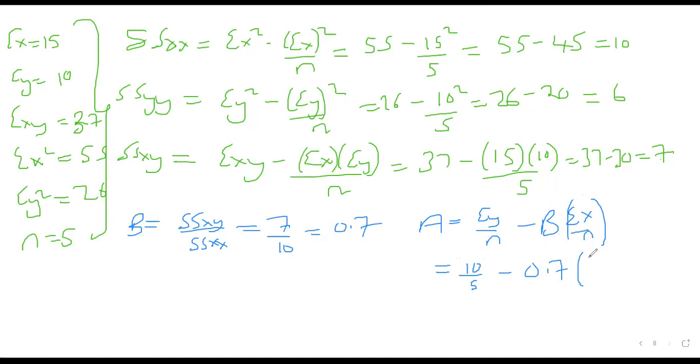If that one is wrong, it also makes your A wrong. So here we're going to have 2 minus 3 times 0.7, which is 2.1, and we get negative 0.1. So this is what we call our intercept. Our A is equal to that.